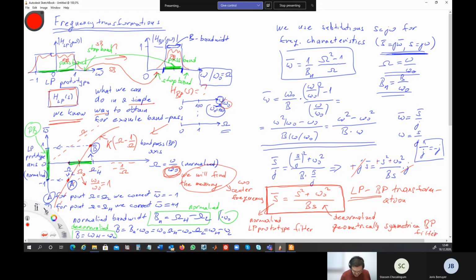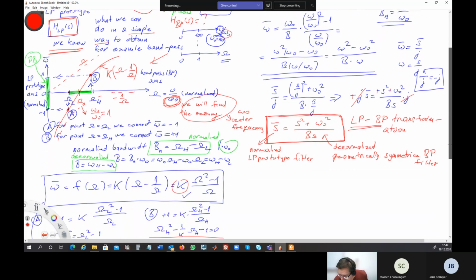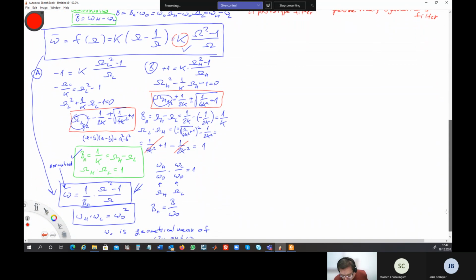So you see how it is derived. Now I will show it on one small example. How it works. Here is low pass prototype.